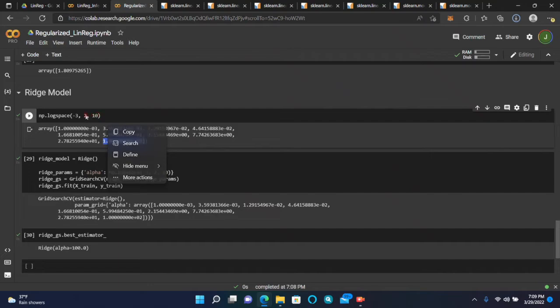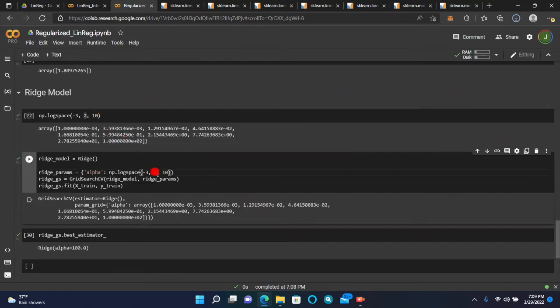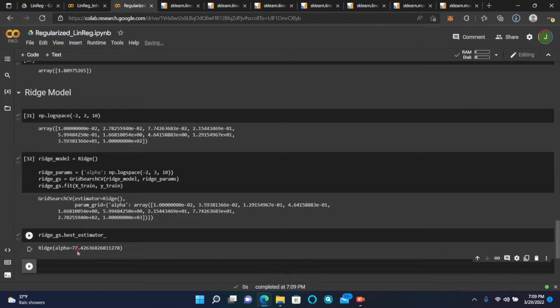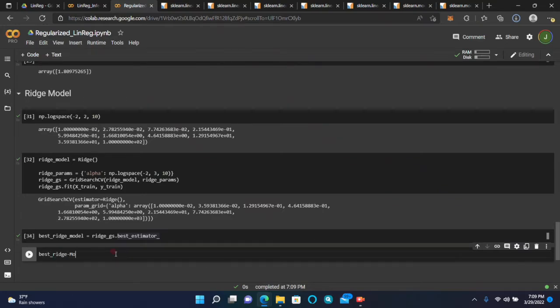We don't want that. Okay, so let's go ahead and raise this. We'll go from -2 to 3. And we'll try it again. There. Alpha was somewhere in the middle, which is fantastic. Okay, and we're going to save this as the best ridge model. It's going to be our best estimator. And let's see what the score was.